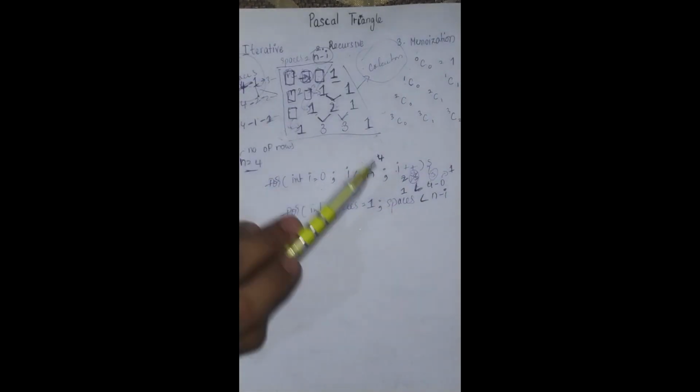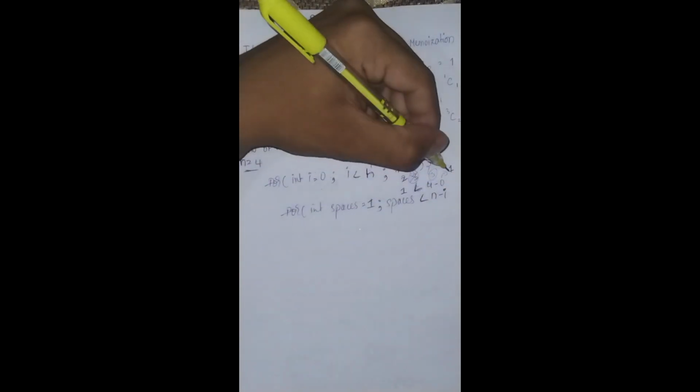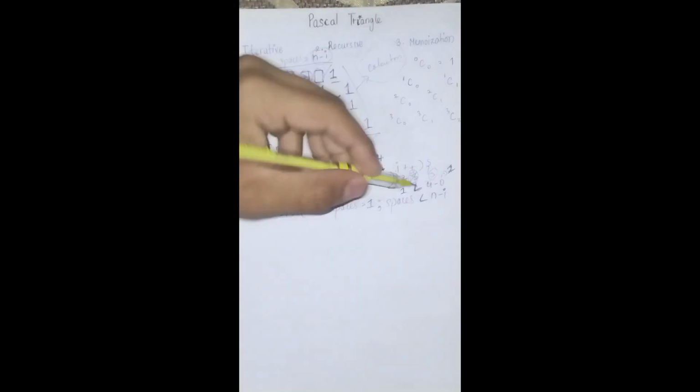Similarly, if I incremented again, it became 2, so 4 minus 2 is 2, it will go till 1 space, and then finish. And spaces plus plus increment.